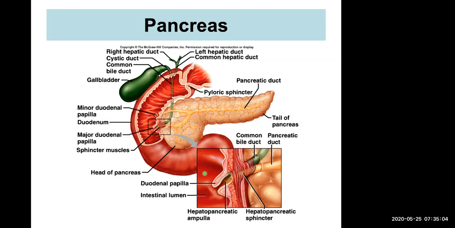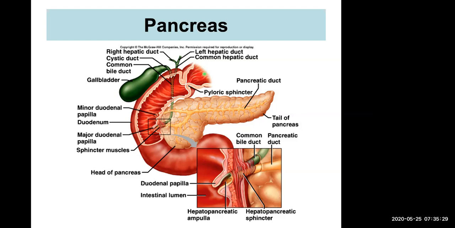So here's the pancreas, and let's actually just take a break here, and I'll continue on in the next video, and we'll start with chyme leaving the pylorus, leaving the stomach and entering the duodenum. So here's your pyloric sphincter, and we've got acidic chyme leaving the stomach.